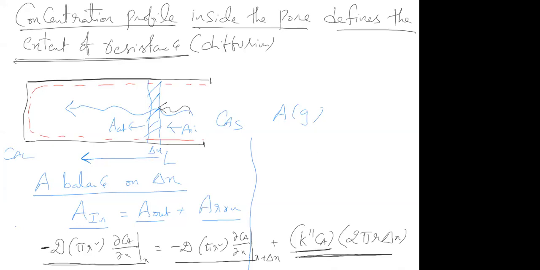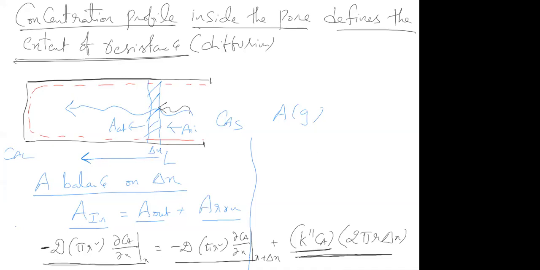So understand this one. Why are you deriving the concentration profile? What am I doing? I am deriving the concentration profile. Why do I need to derive it? Because the concentration profile tells me the extent of resistance.